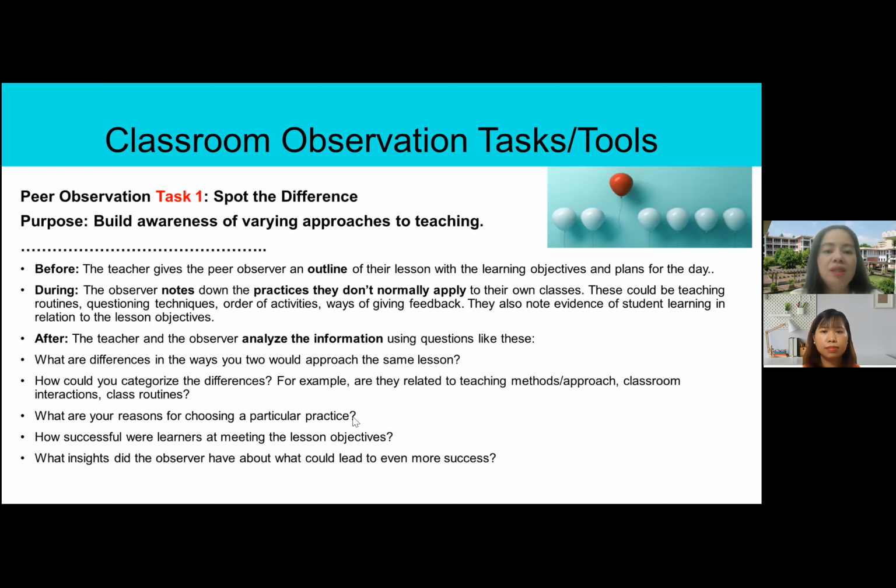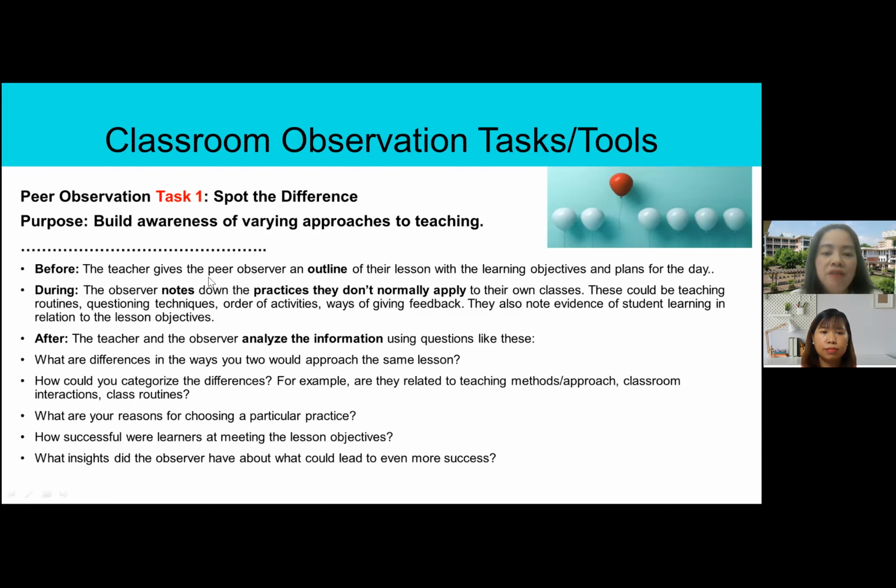For example, in the first class observation, you may choose task 1, in which you spot the difference. The purpose is to build awareness of varying approaches to teaching among teachers. In detail, what should the teacher and observer do in order to complete this task?